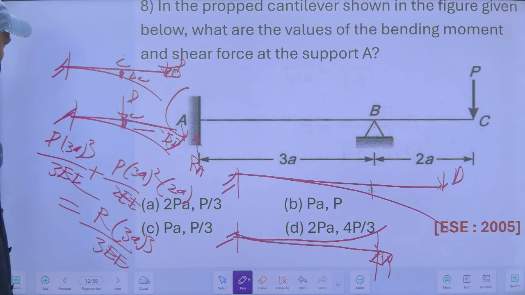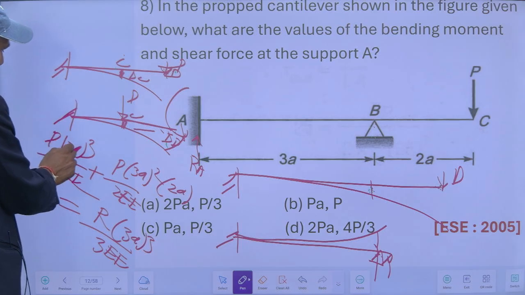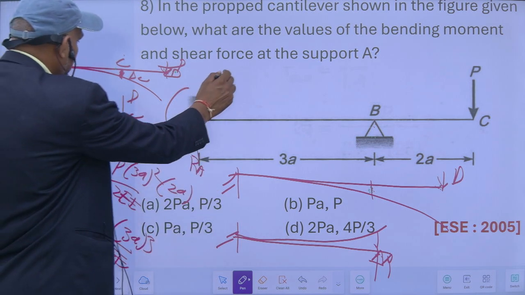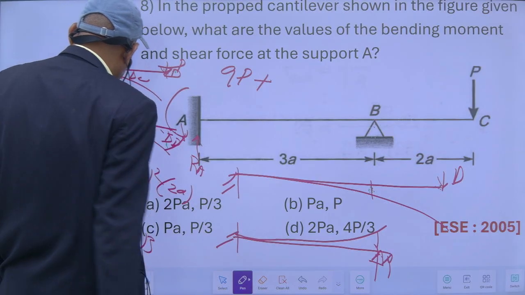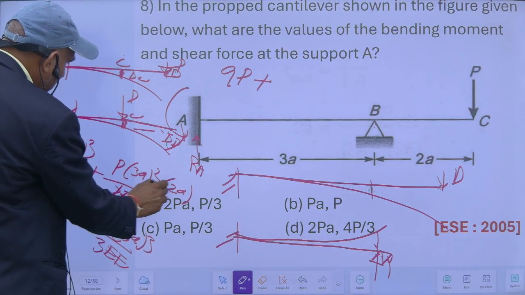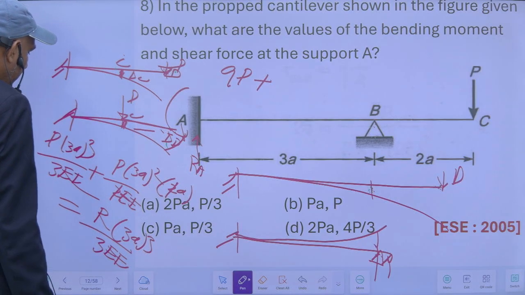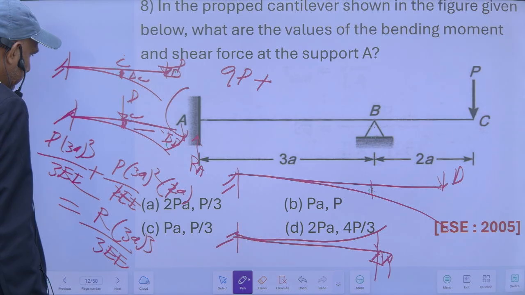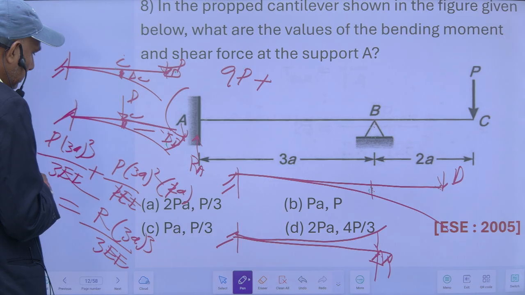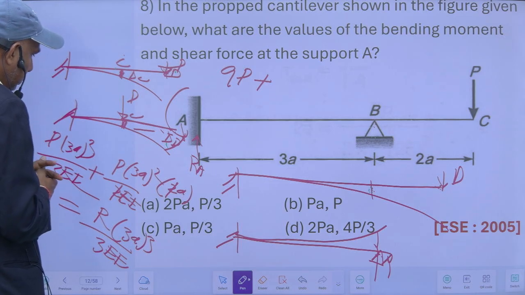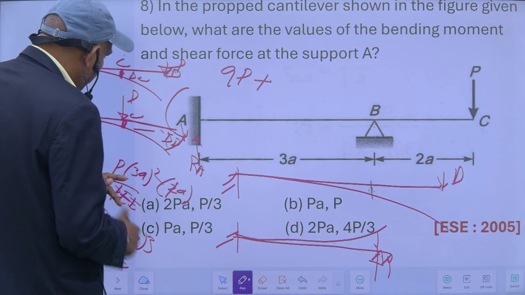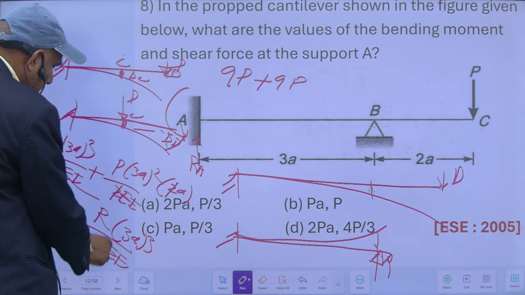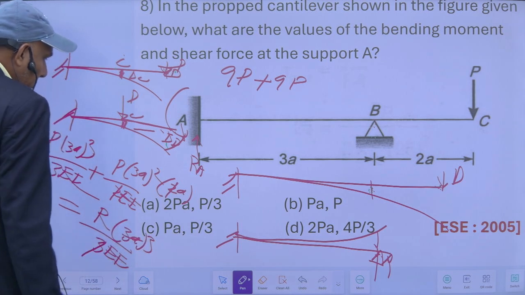So this will be 27 divided by 3, so it will be 9P, plus this is also 9P, and this is equal to 9R.